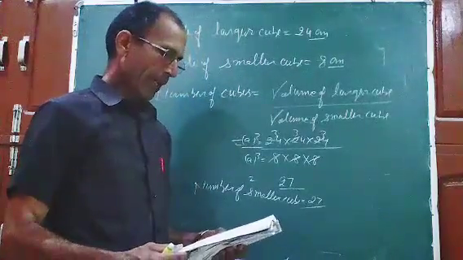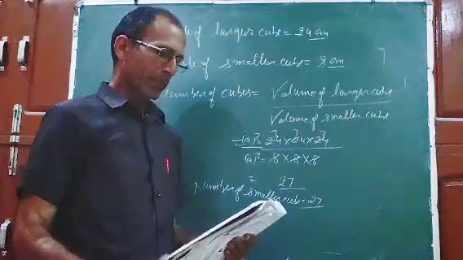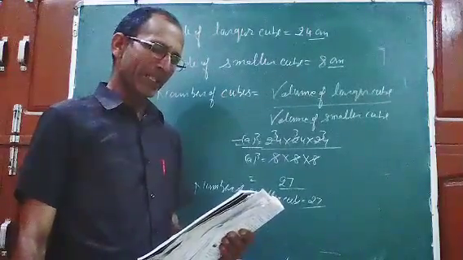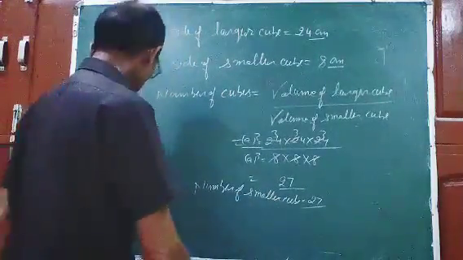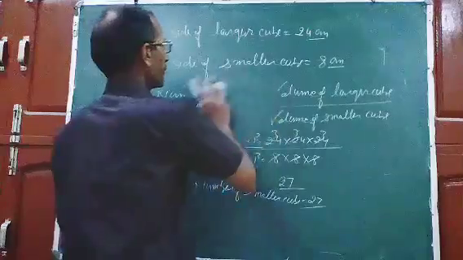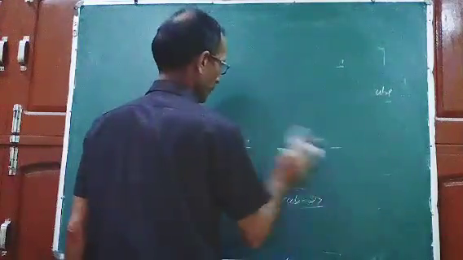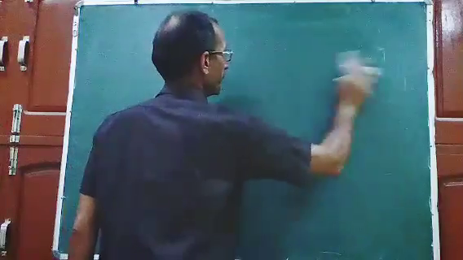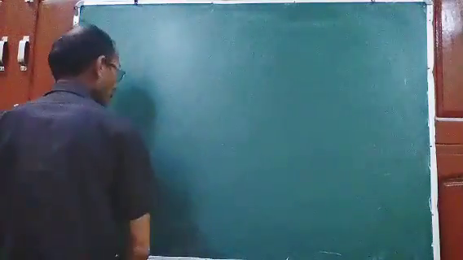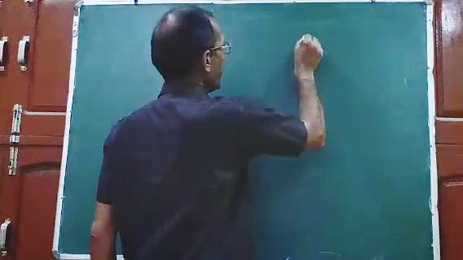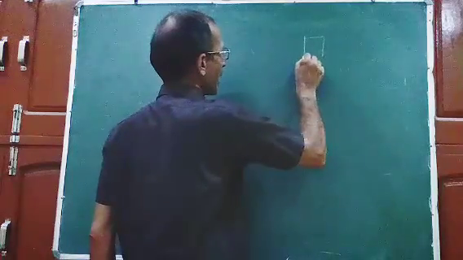Okay. Now, 3 cubes each of side 3 centimeter are joined together side by side. 3 cubes are joined. So this is the side of a cube. Only one face I will take for your understanding.